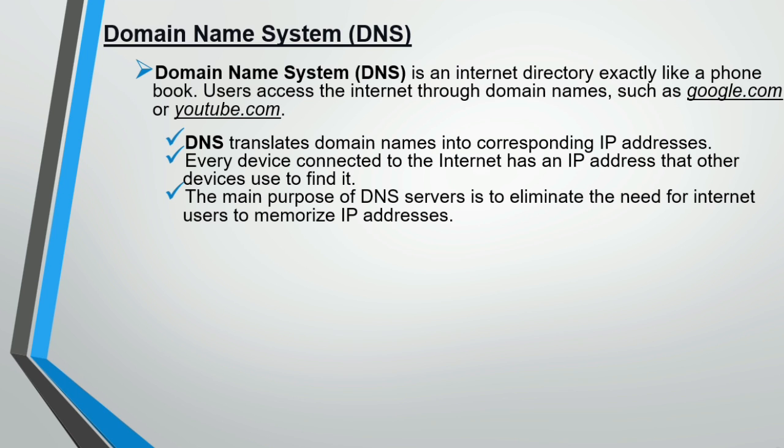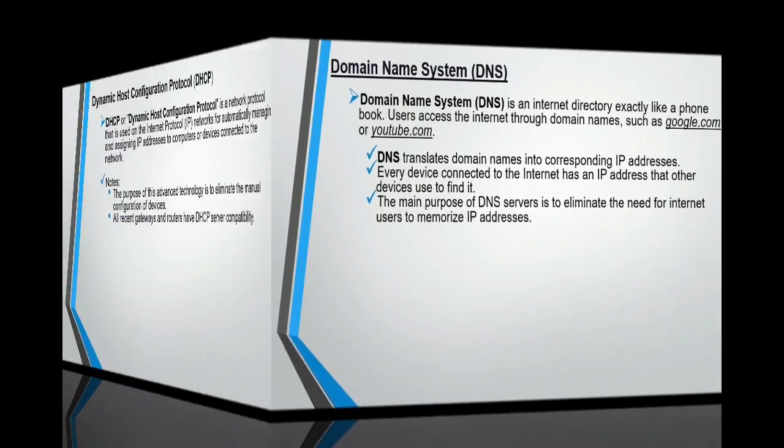Every device connected to the Internet has an IP address that other devices use to find it. The main purpose of the DNS servers is to eliminate the need for Internet users to memorize IP addresses.